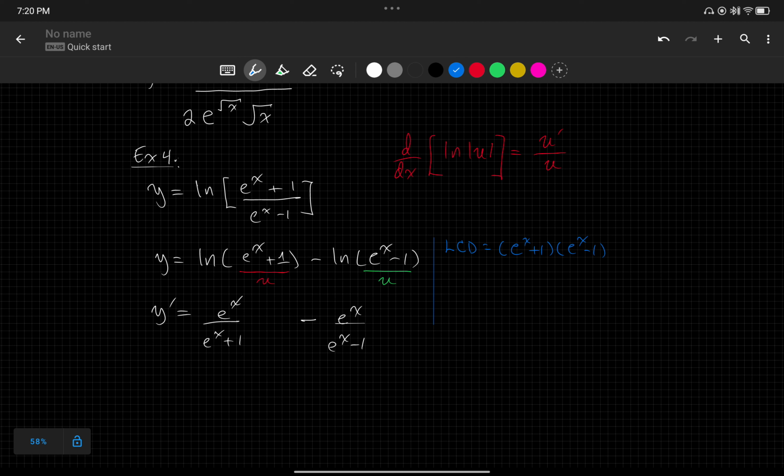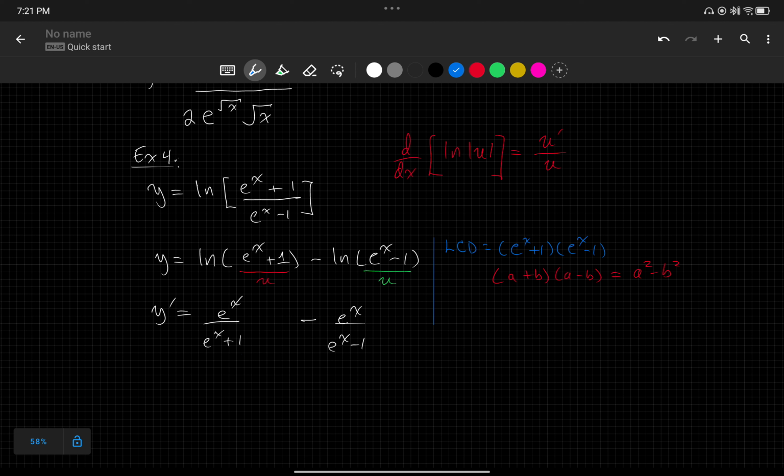But if you FOIL it, you're going to get a nice answer. And as a matter of fact, you don't need to FOIL it, because this is difference of squares. This is a plus b and a minus b. And if you remember, that guy was a squared minus b squared.